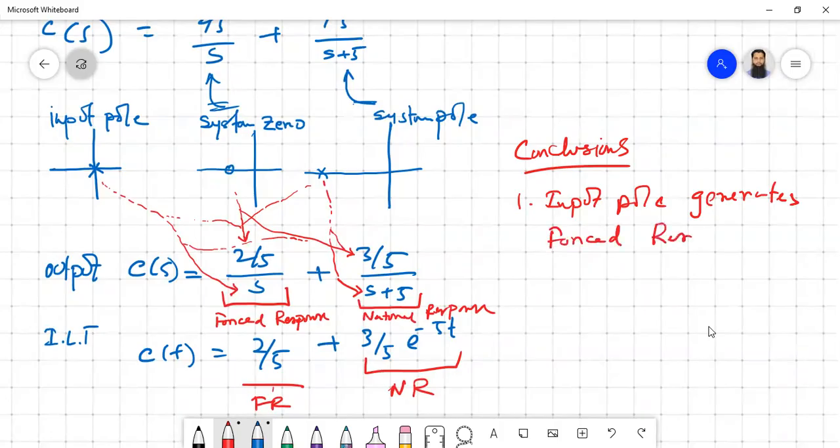Number two: system poles generate natural response.